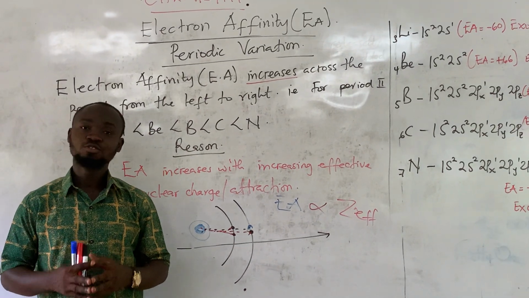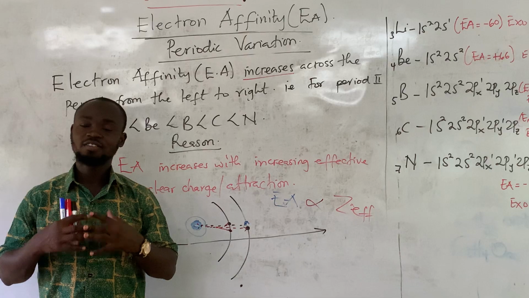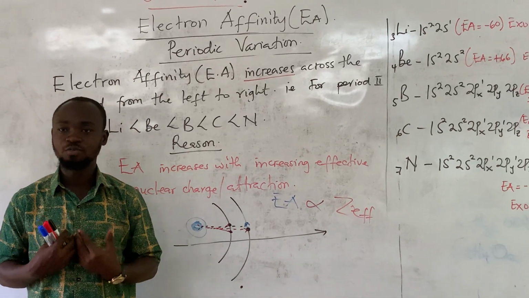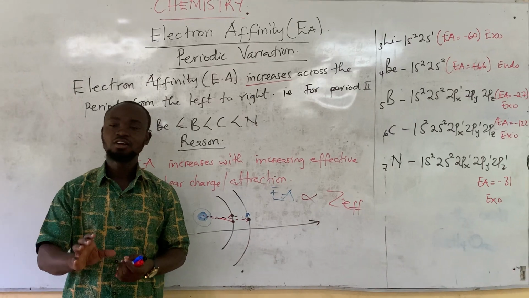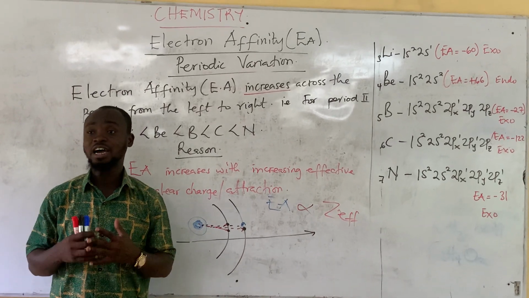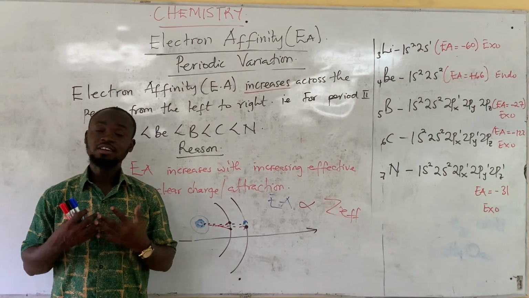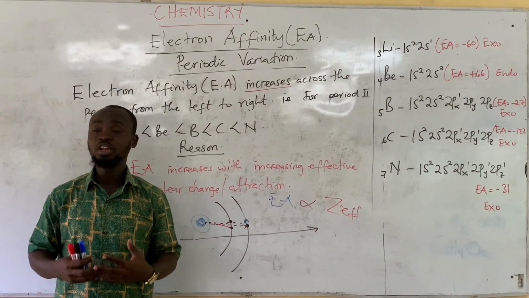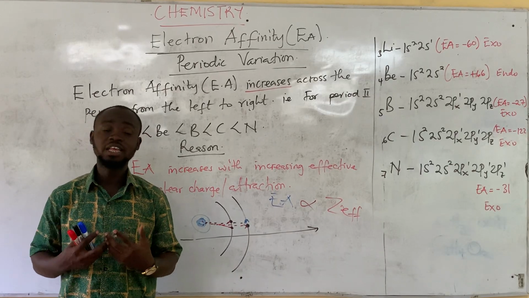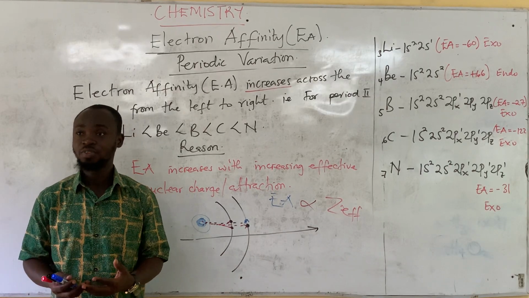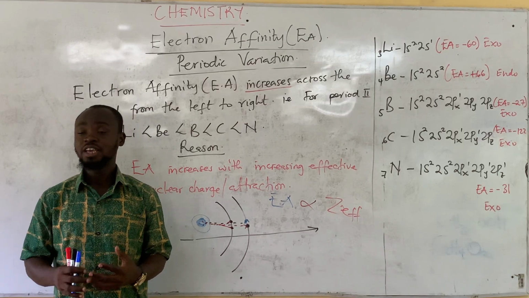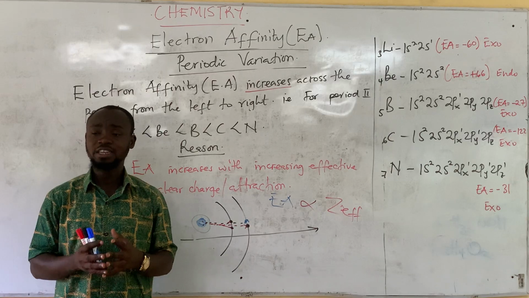Is that okay? So electron affinity is the enthalpy change, or the energy that is released or absorbed, when an electron is added onto an isolated gaseous atom. And we are saying that this energy will increase the moment there is an increase in nuclear attraction, which gradually increases the effective nuclear attraction, because the additional electron that is being added needs to be accommodated in whatever shell it finds itself in.